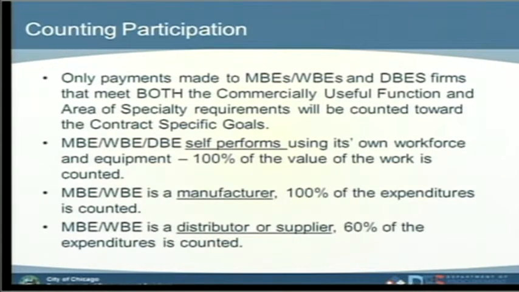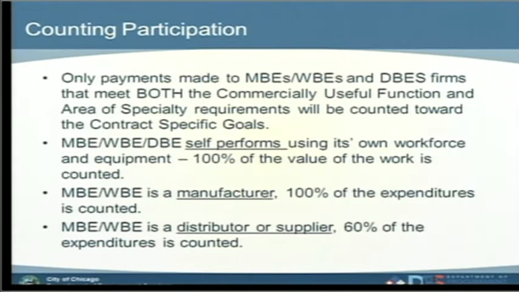The MW, if it's a manufacturer, and I believe Monica explained that a little bit, if you have 100% of the expenditures, that counts towards your credit. If the M or the W happens to be a supplier, then only 60% of what you paid out counts towards the credit. Of course, you have to pay them 100% to give them $100, but only 60% is accounted towards credit on that goal, on that project.